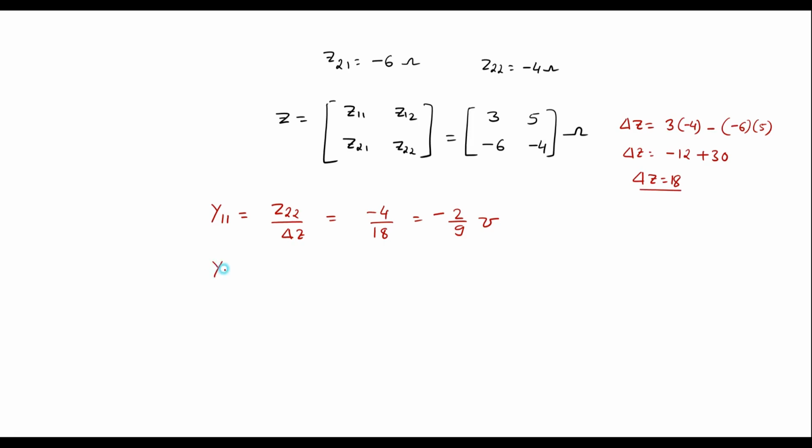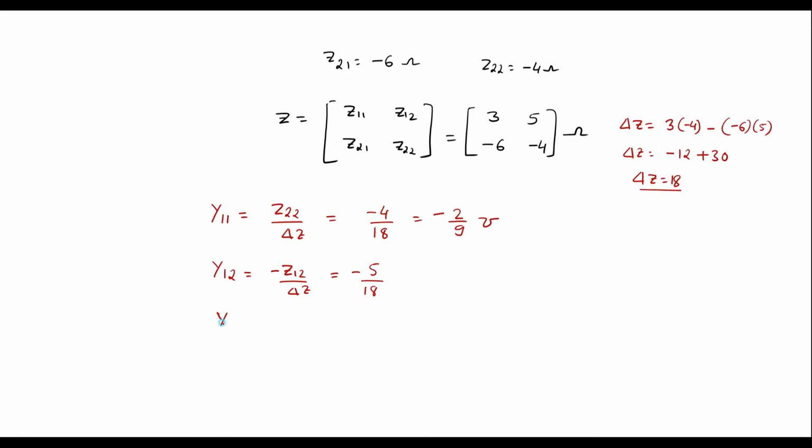Similarly, we have Y12 is equal to minus Z12 divided by delta Z. Z12 is 5, so that is minus 5 by 18.